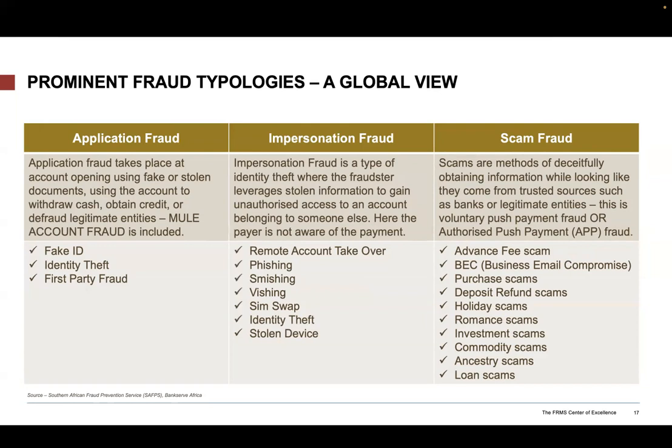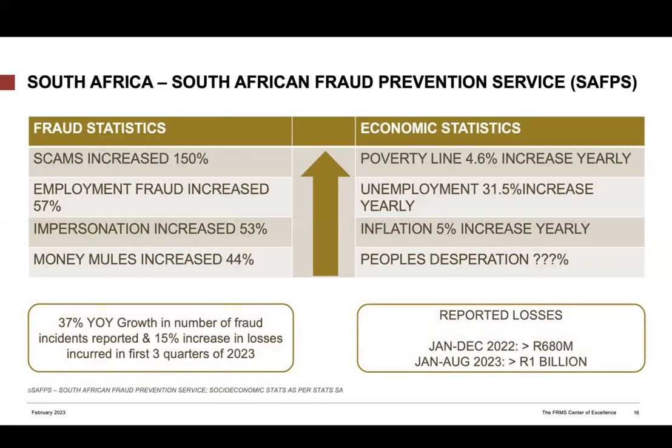I want to go back to this one. Money mules increased 44%. What does that mean? That means they're getting more sophisticated with getting the money. But the fact that it increased means the fraud had to increase as well. It had to be there to begin with. That's a funneling or pipelining down to the money mule.